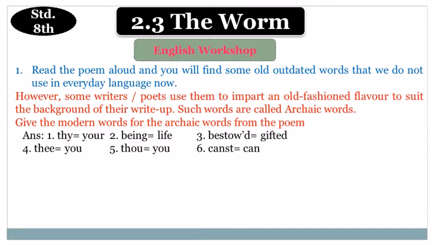Such words are called archaic words. Give the modern words for the archaic words from the poem. Answer: thy, your; being, life; bestowed, gifted; thee, you; thou, you; canst, can.